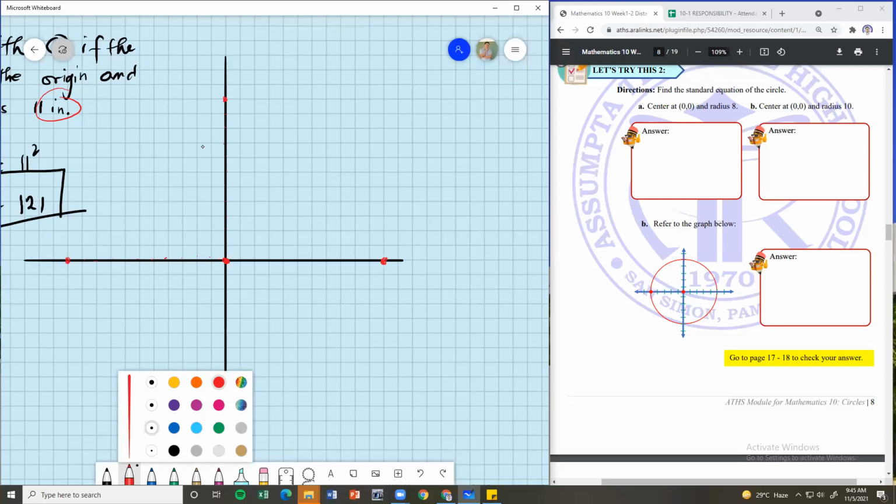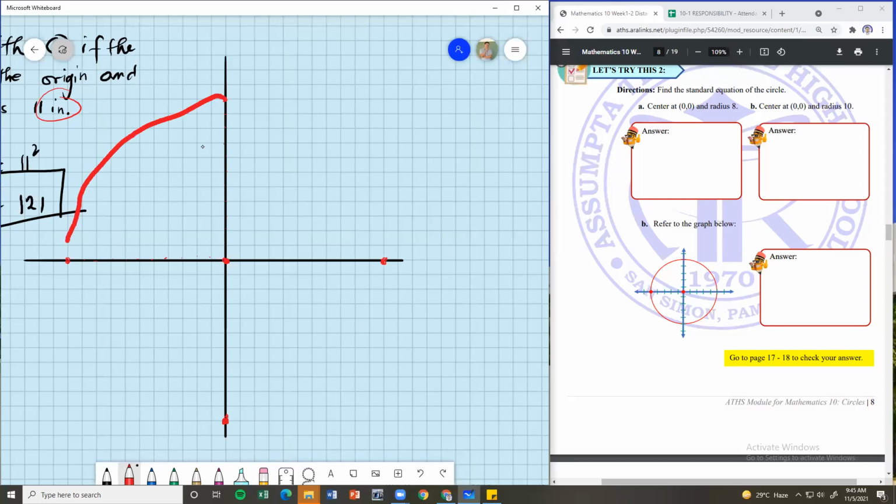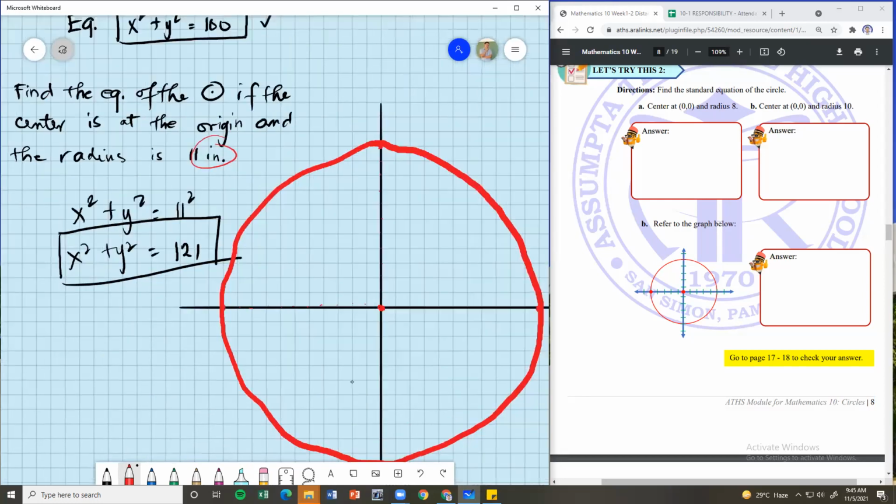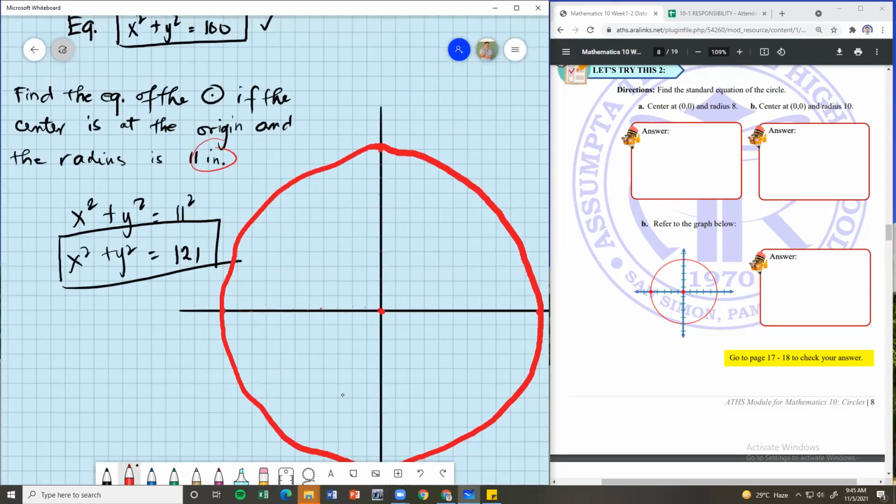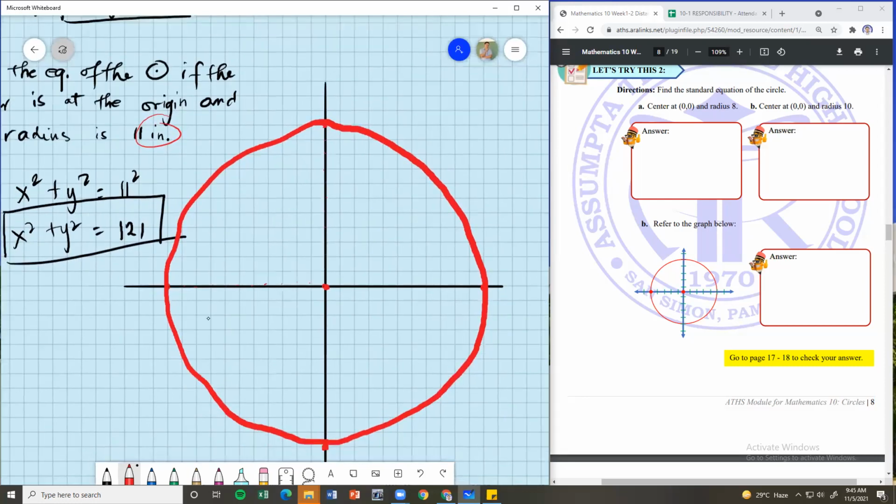If we have our compass, it's a lot easier. Ito yung circle na mabubuo natin. Let's just imagine it. Sorry, my whiteboard doesn't have a circle function. Ayun, that's our circle if the center is at the origin and the radius is 11. Can you follow?